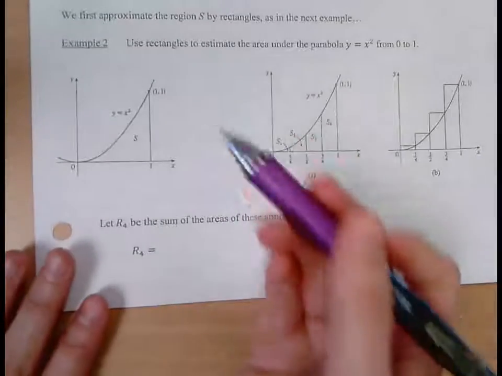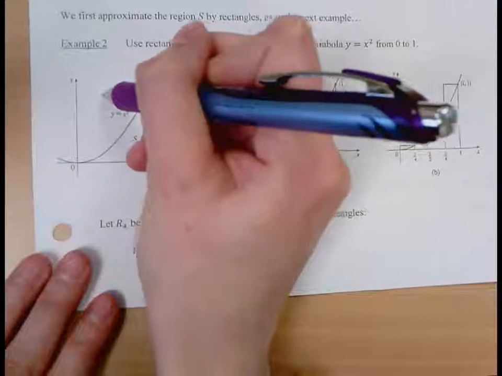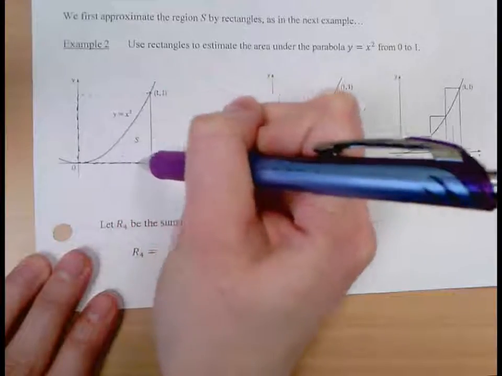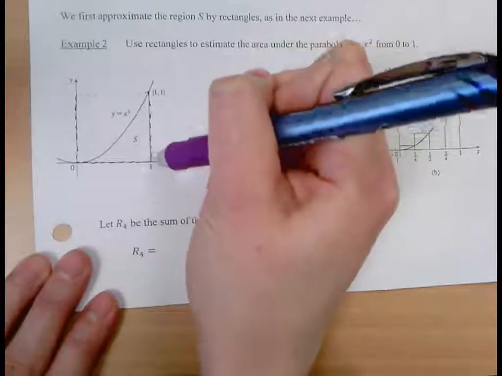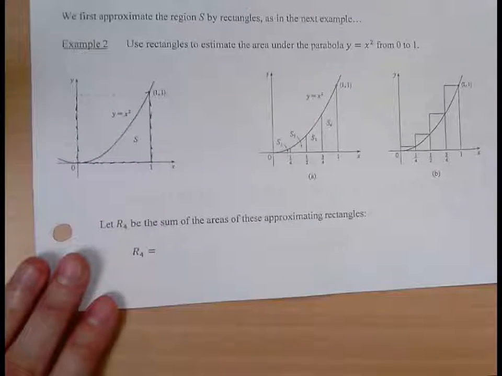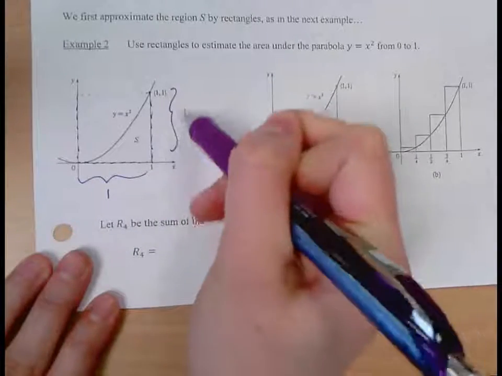If I drew a square around this region, what would the area of the square around that region be? 1, because it has a length and a width of 1.